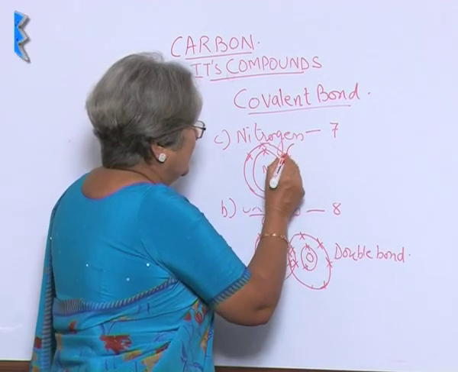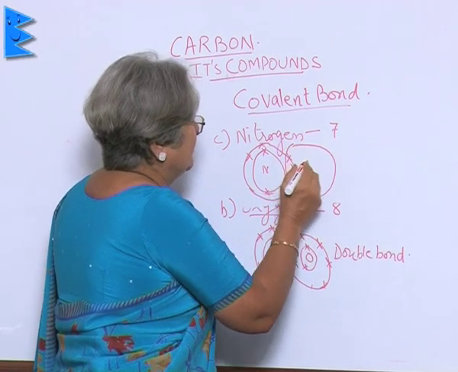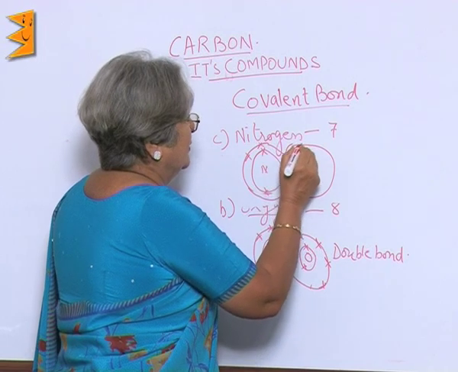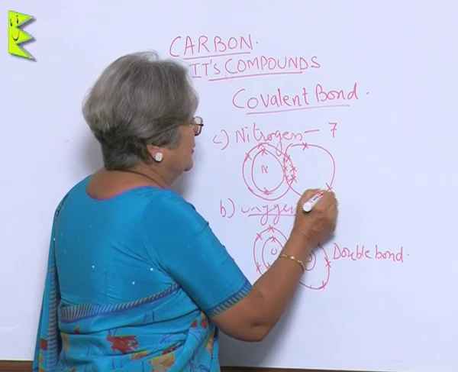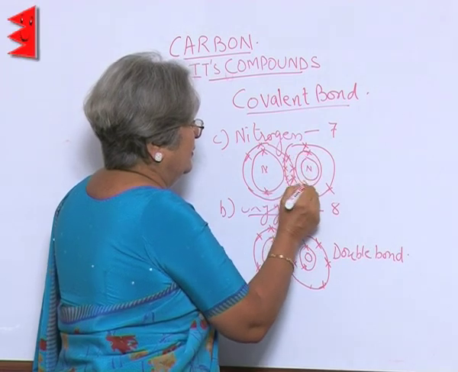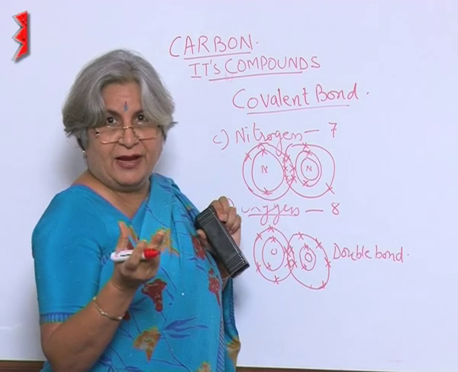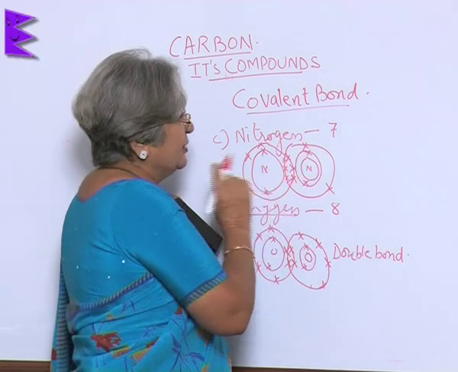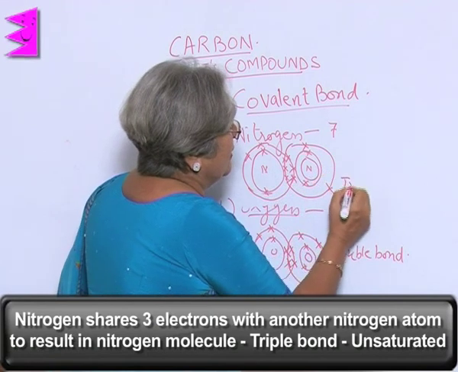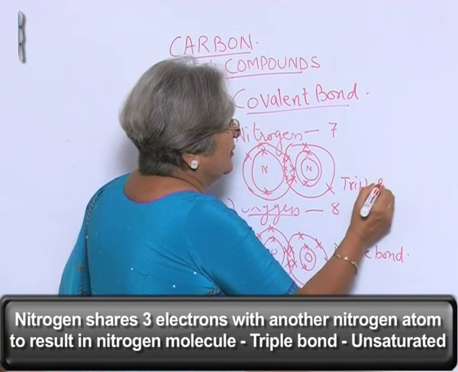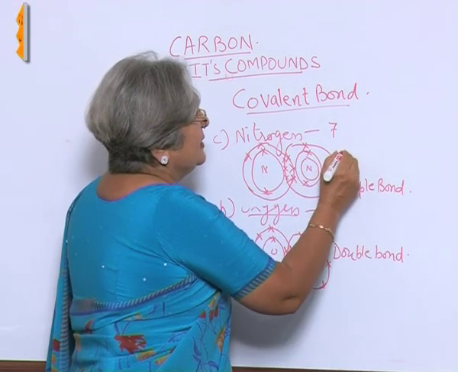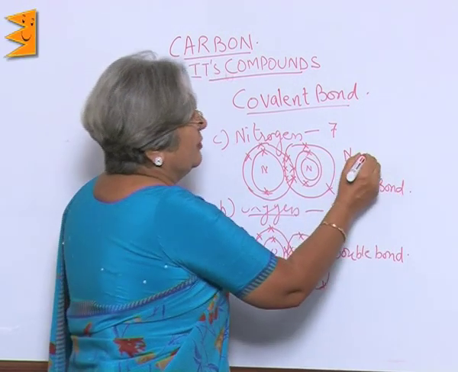So another nitrogen atom, so 2 are free but 3 are being shared. So when 3 electrons are shared, it is called triple bond. This is also unsaturated, and the resultant is nitrogen molecule.